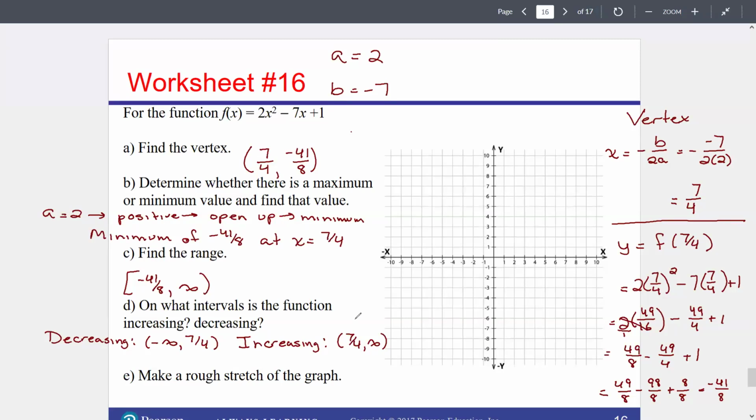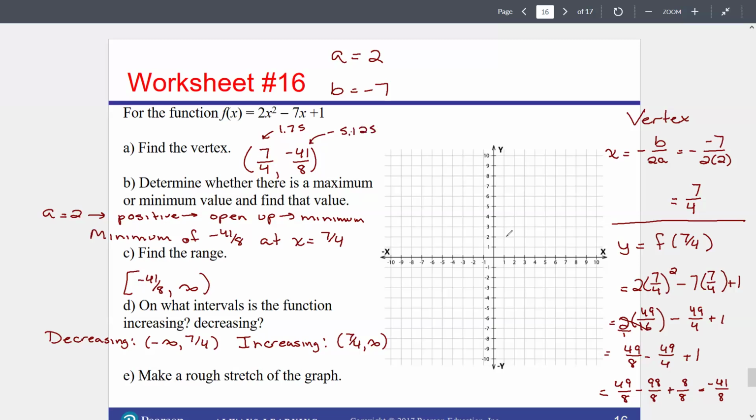So if we do a rough sketch, just a second here. So this point here is 1.75. This point is a negative 5.125.